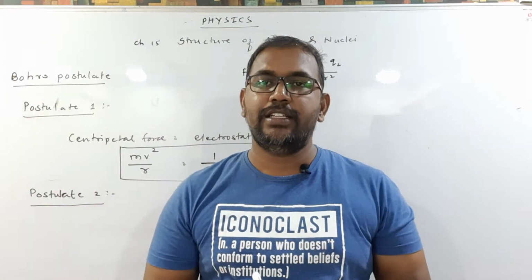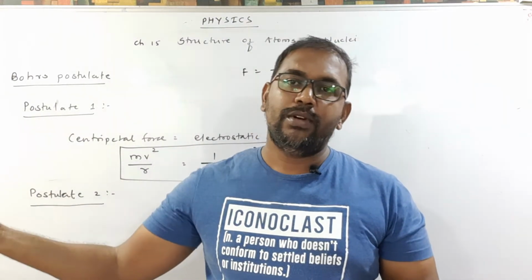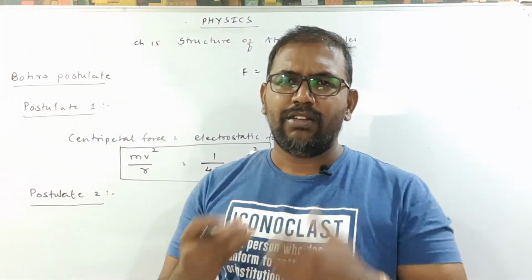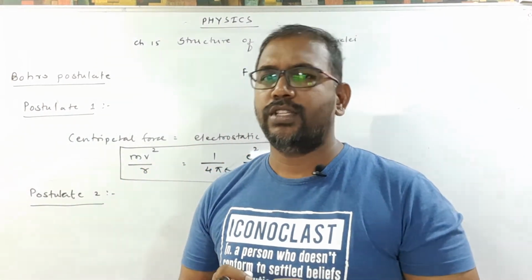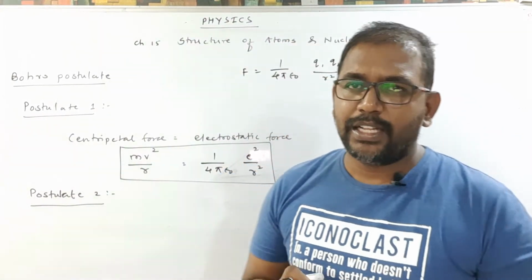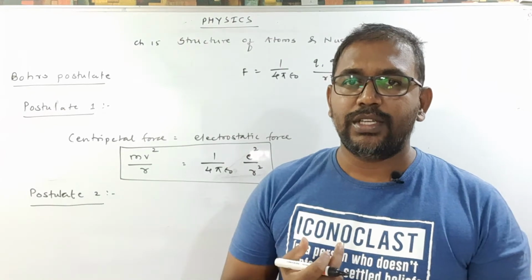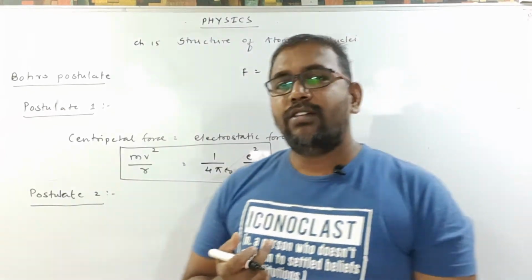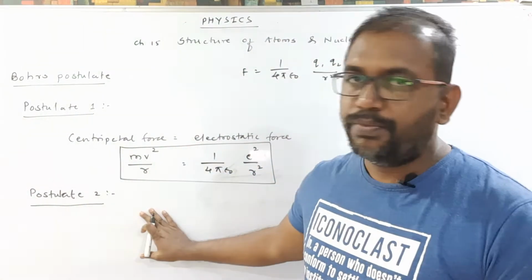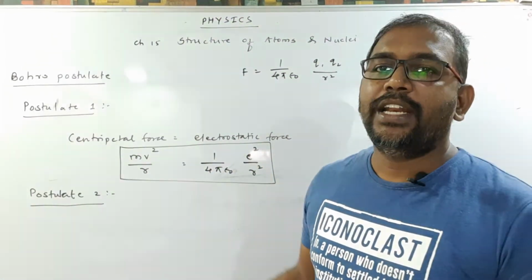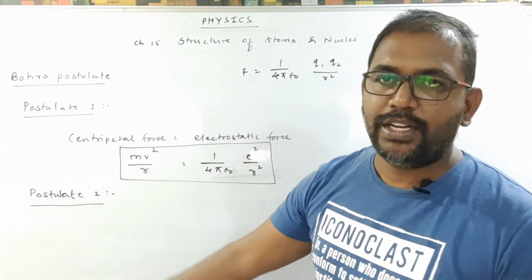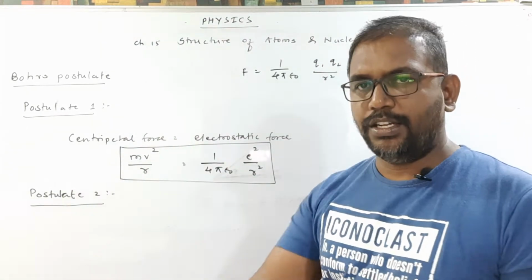According to Rutherford, every accelerating charge radiates energy. If the electron is an accelerating charge, it definitely radiates energy, and continuously, so the spectrum of energy would be a continuous spectrum. But later on it was found that the energy spectrum is not continuous. It means the electron is not radiating energy continuously. So in postulate 2, Bohr wrote when it does not radiate energy, and in postulate 3 he wrote when it radiates energy.